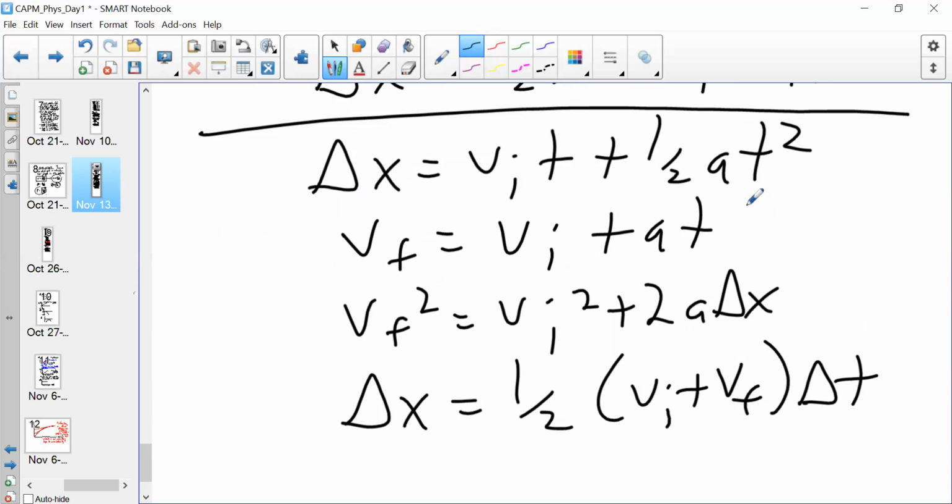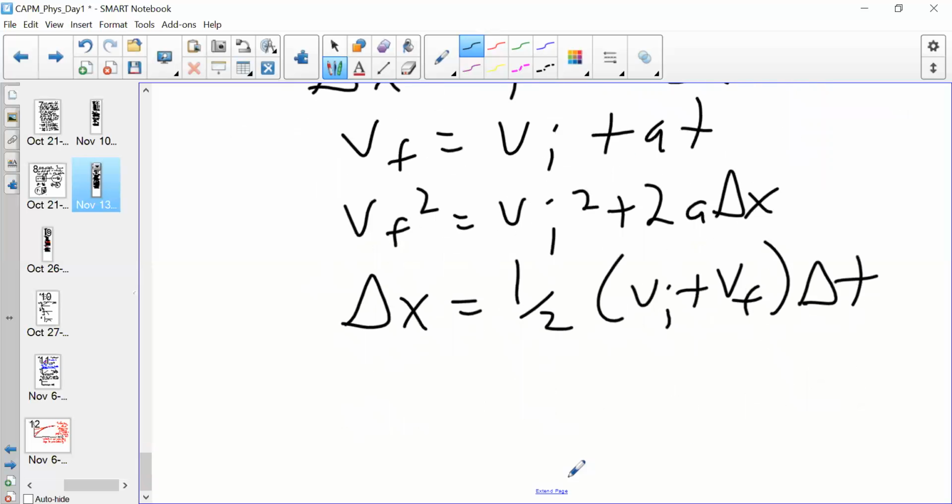take a look at these guys and dissect what they mean here. So this first equation here is going to be, I can find my displacement when I know all of these values. So let's say the first equation here.